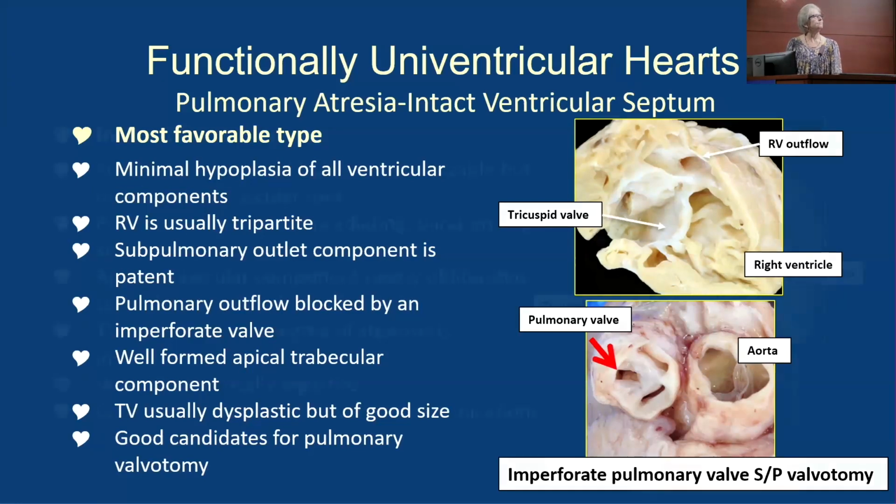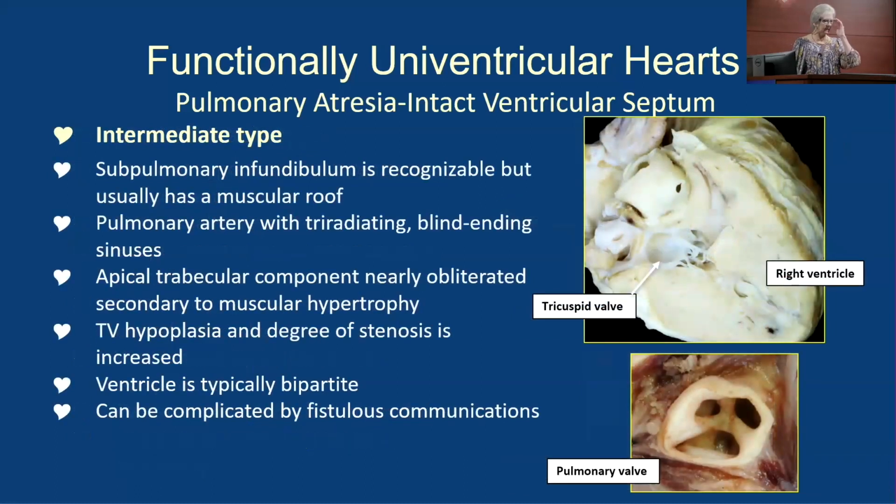In the intermediate type, this is the group where you can have a wide variation of mural hypertrophy within the ventricles. The subpulmonary muscular infundibulum is typically recognizable, but has a muscular roof. The pulmonary artery, as you see in the bottom image, is usually with tri-radiating blind-ending sinuses.